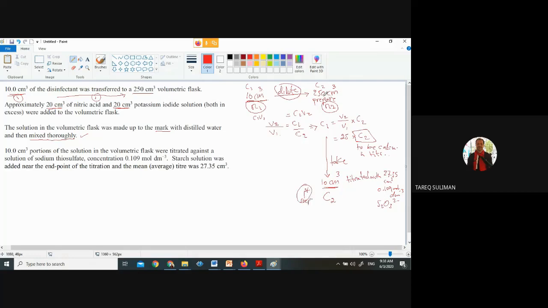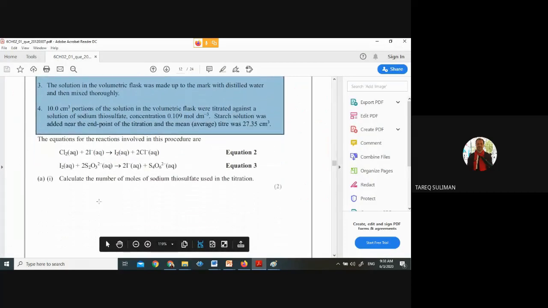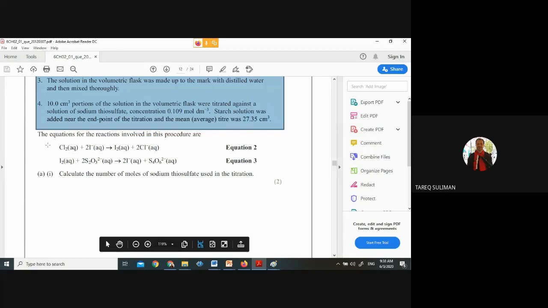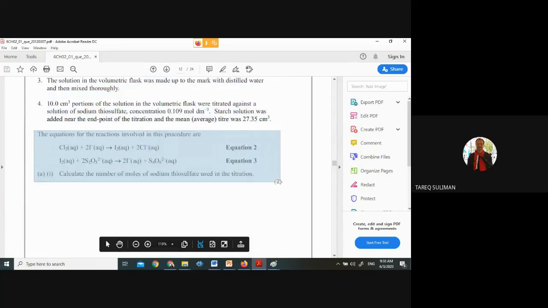Then if we need number of moles or concentration or whatever it is in the 250, then we can conclude the concentration here. This is equation 1. Equation 2, calculate number of moles of sodium thiosulfate.